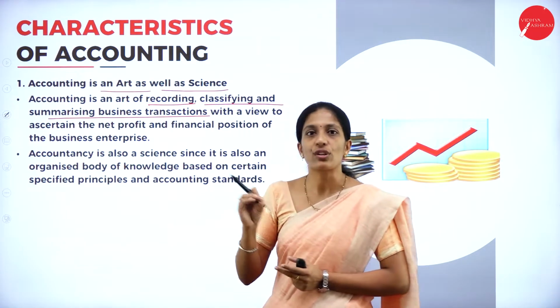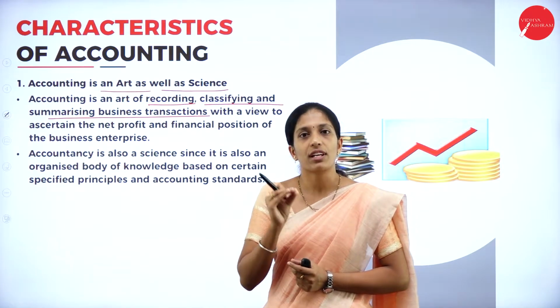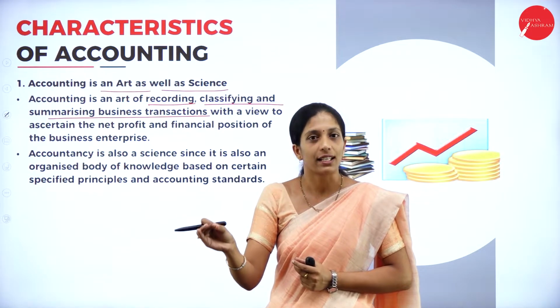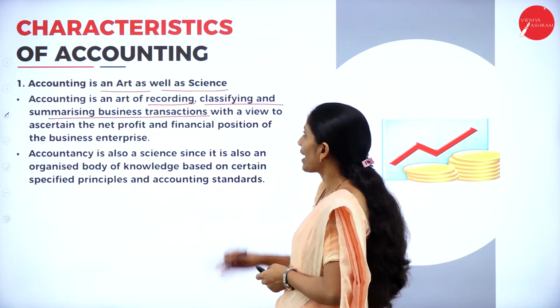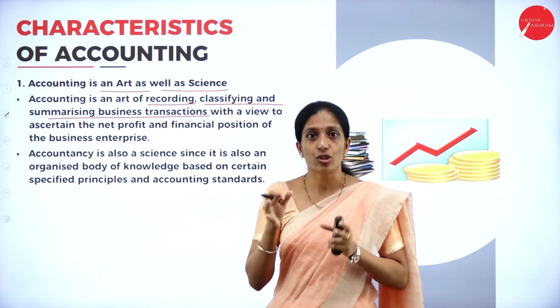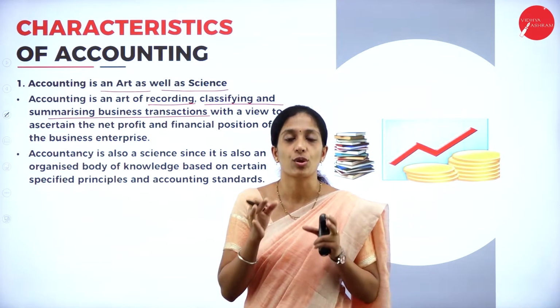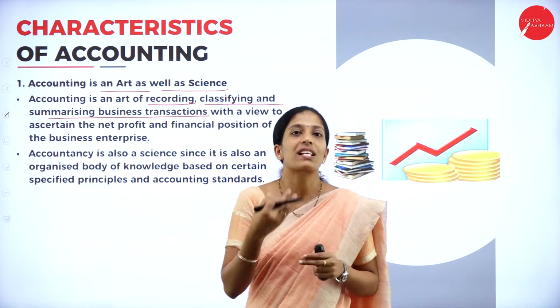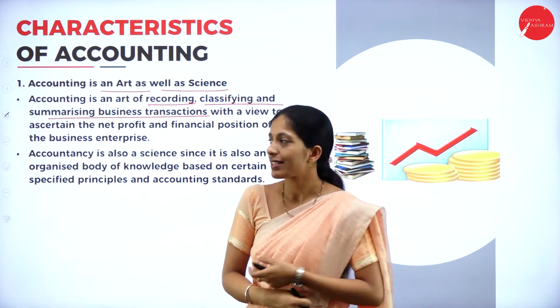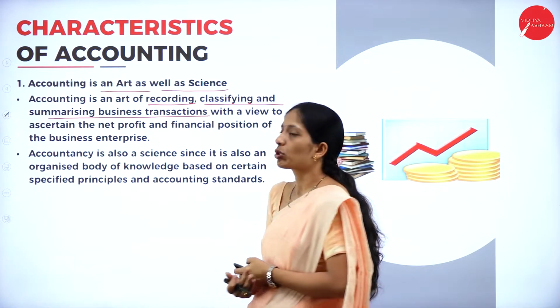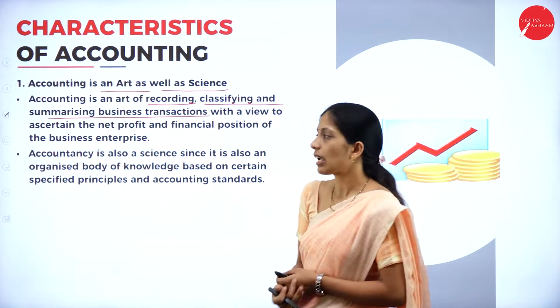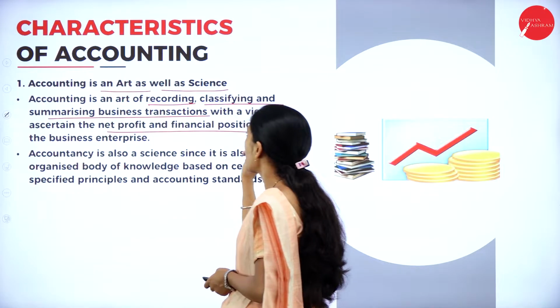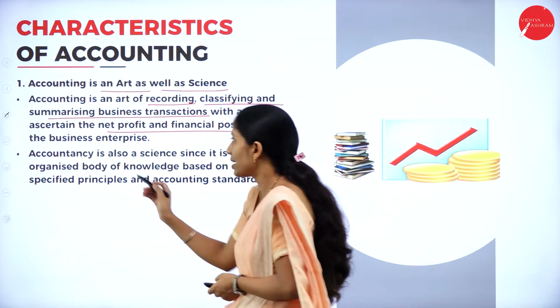That is, we segregate each type of transaction into a particular account. That is classifying and summarizing. We make the information ready to present, summarizing business transactions with a view to ascertain the net profit and financial position of the business enterprise.